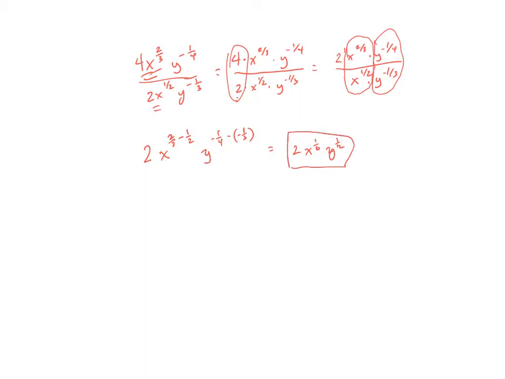If I wanted to write that in simplest radical form, because the numerators are both 1s, I could write the 1 there or I could leave it off. It would look like that. Now we're going to talk a little later about how to write these in one radical, but for now, this will suffice.